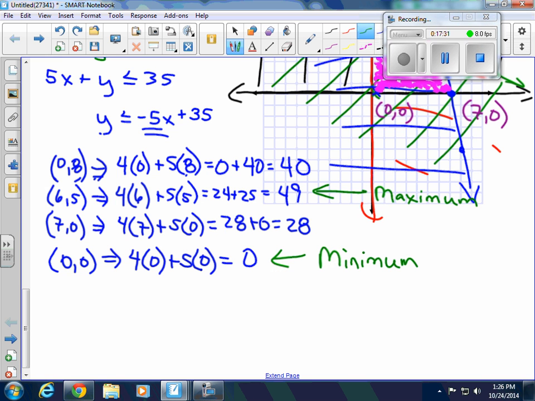So our maximum value occurs at the ordered pair 6, 5, and our minimum value occurs at the ordered pair 0, 0, with our maximum being 49 and our minimum being 0.